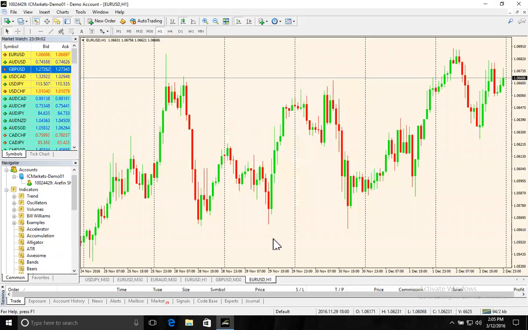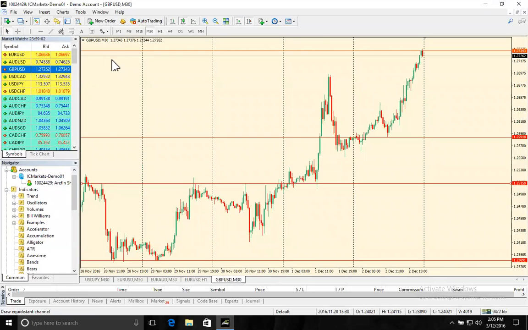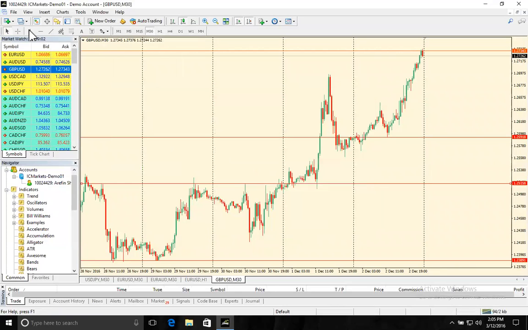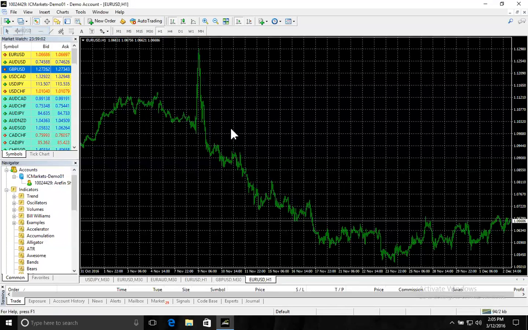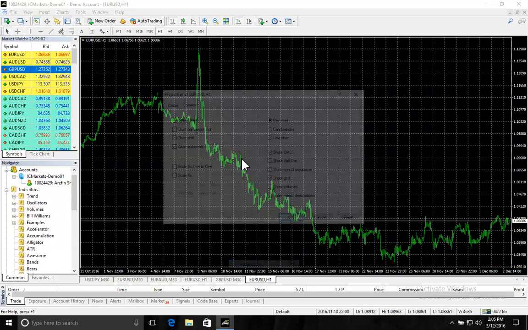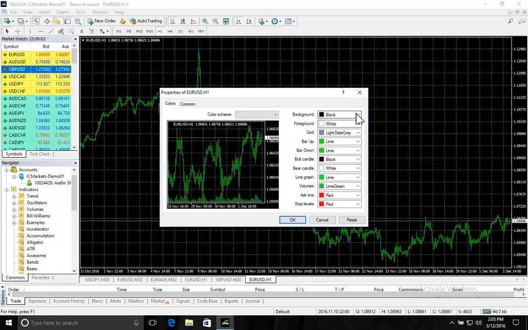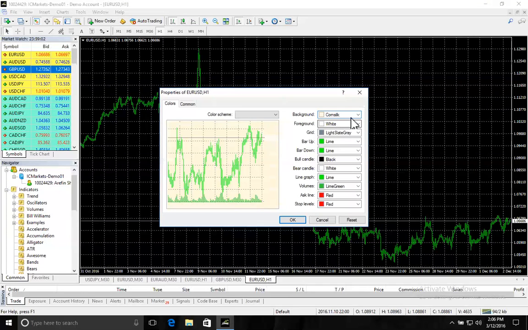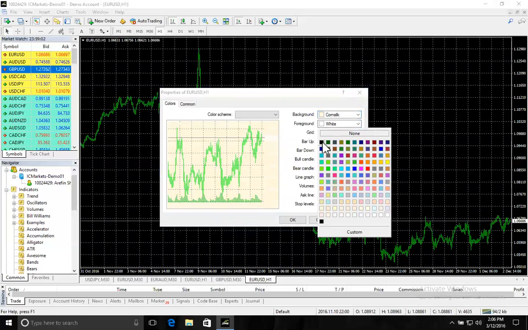Okay, I will just close this and repeat again, just in case you have missed something. So I start again, right click, properties, colors. My background is this. Foreground black.